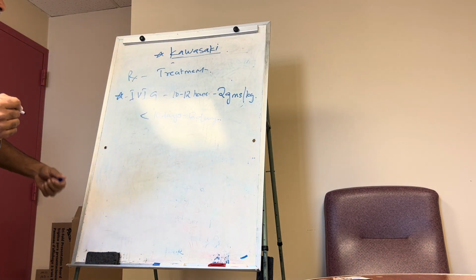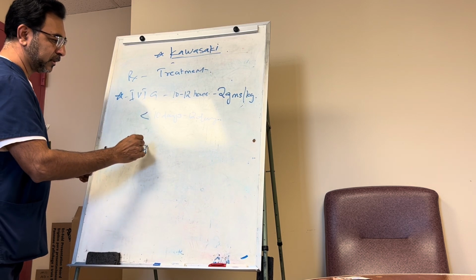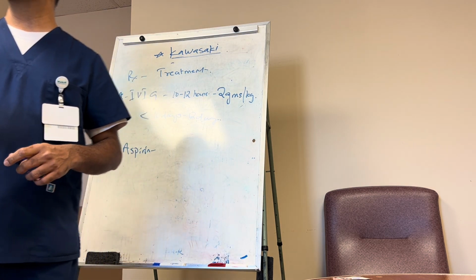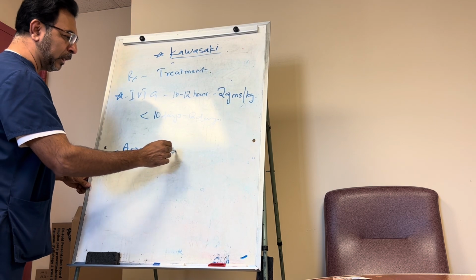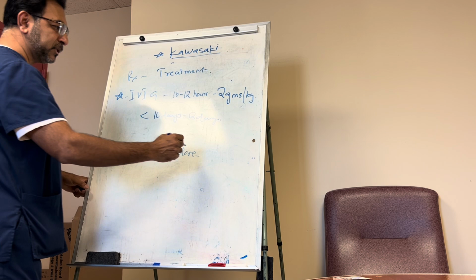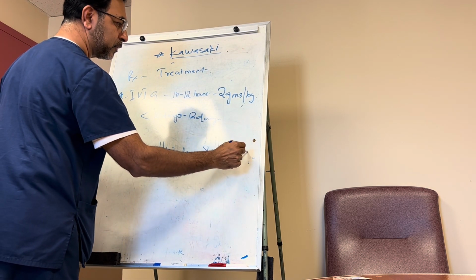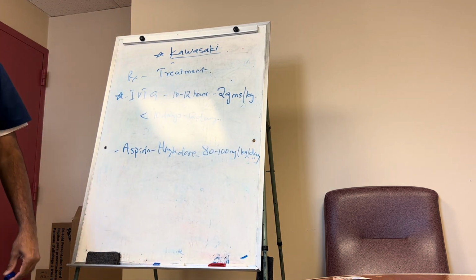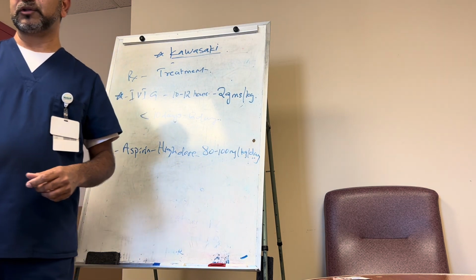And what is the other treatment you want to give? Aspirin. And how much aspirin do you want to give? High dose, right? So what is considered a high dose? 80 to 100 milligrams per kilogram per day in divided doses.